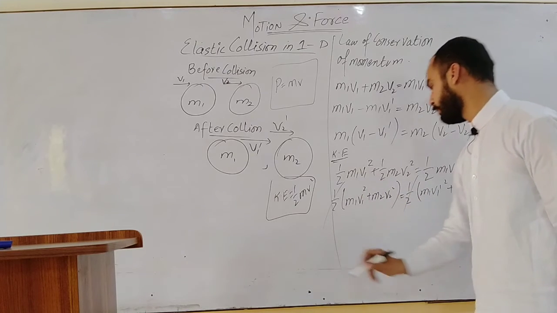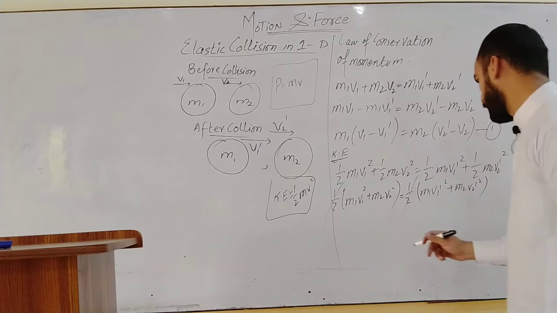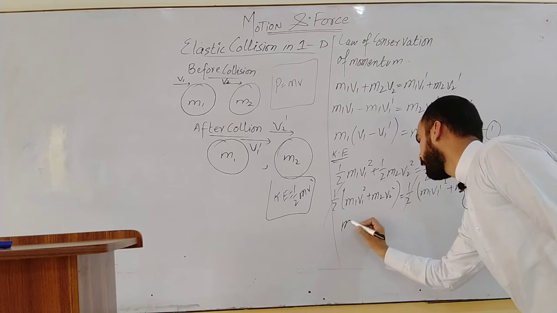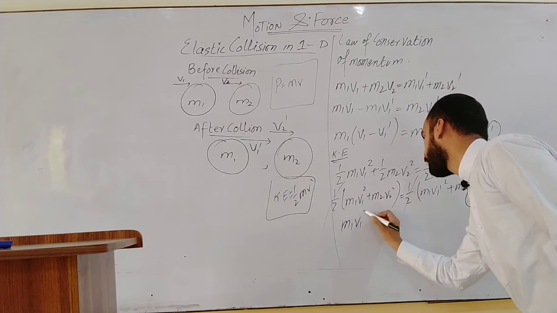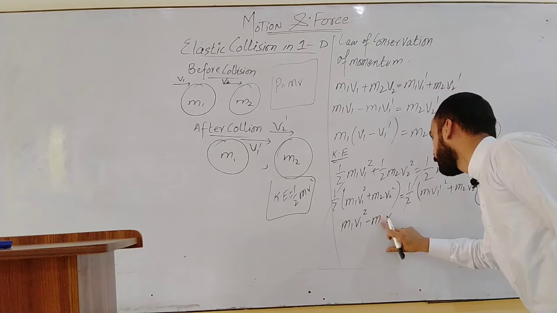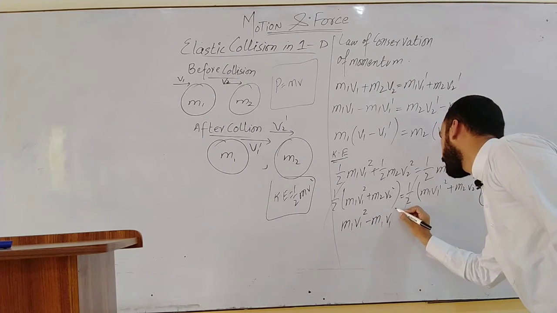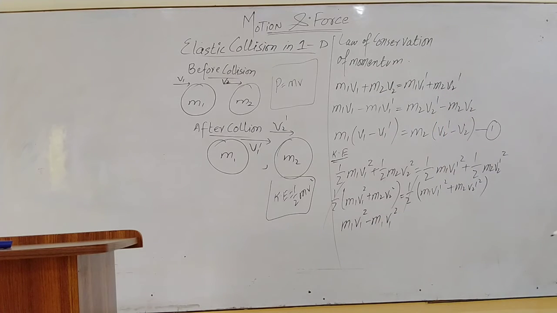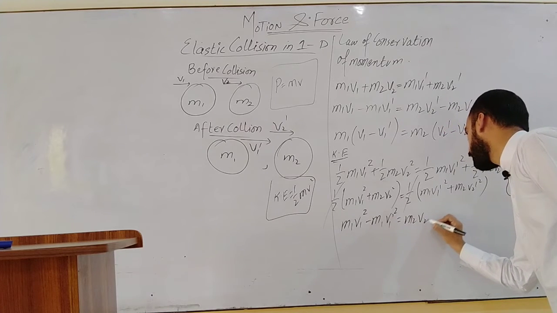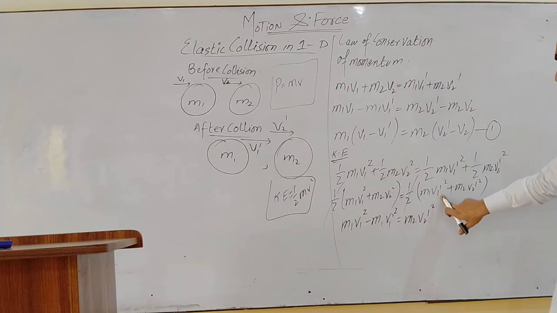By cancellation of these two values, I am going to rearrange this: m1 v1 square minus m1 v1 prime square, and m2 v2 prime square as it is here.